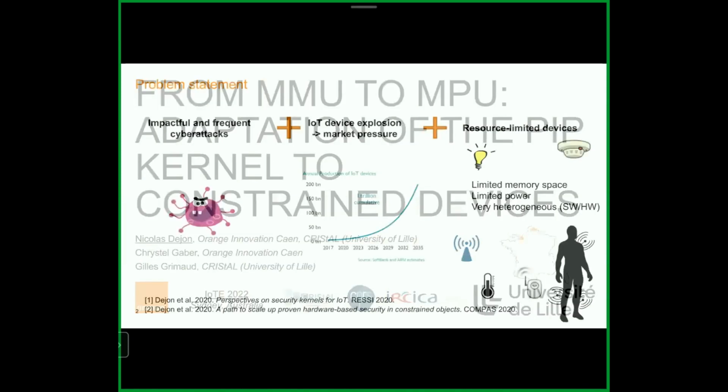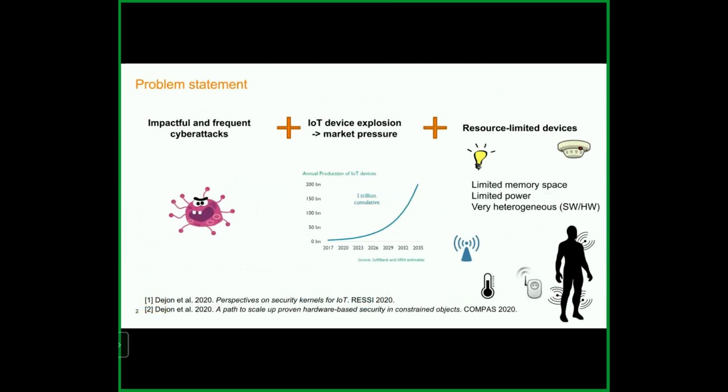So first of all, our interest lies in the security of small computer systems. And so the equation is as follows. So we have many cyber attacks and impactful cyber attacks in the recent years, and the risk is even growing further because of the explosion of the IoT market.